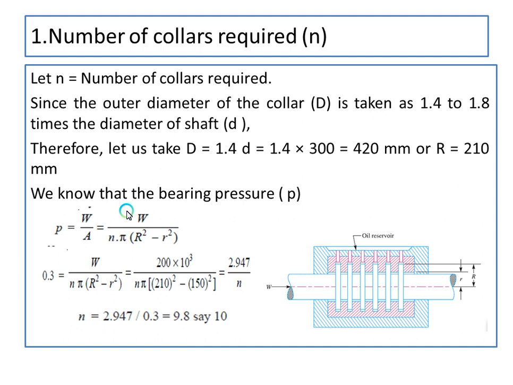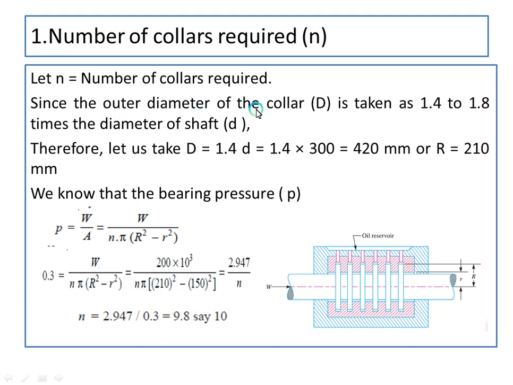Next, the first thing is we need to calculate how many collars are there in the bearing. So for calculating the number of collars required, let n be the number of collars required that we need to calculate.